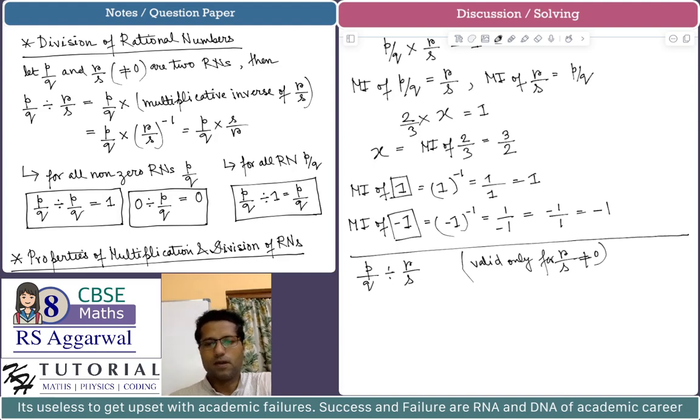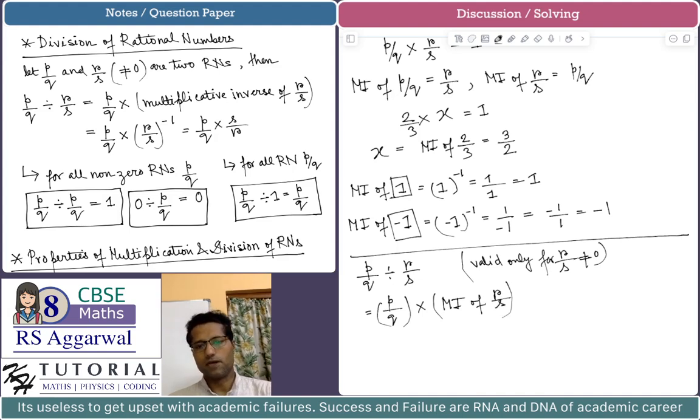Now we express the division of two rational numbers using the concept of multiplication of rational numbers and the multiplicative inverse. This is equal to p by q multiplied by the multiplicative inverse of r by s.